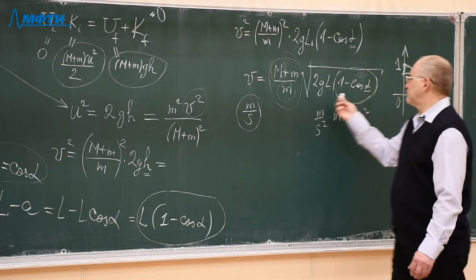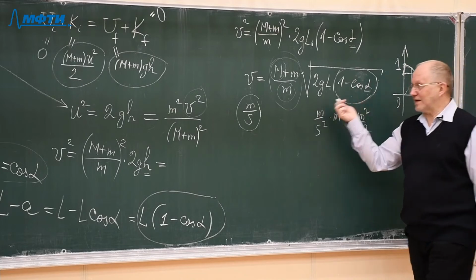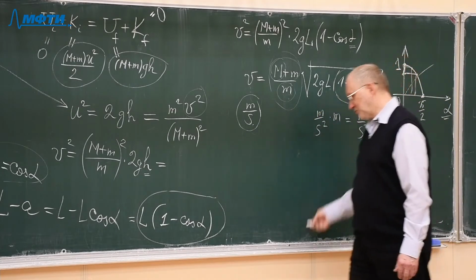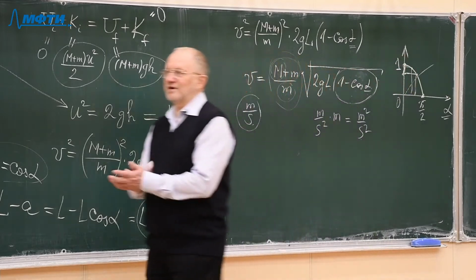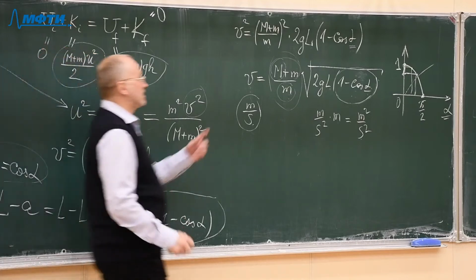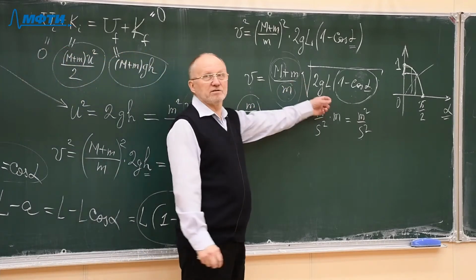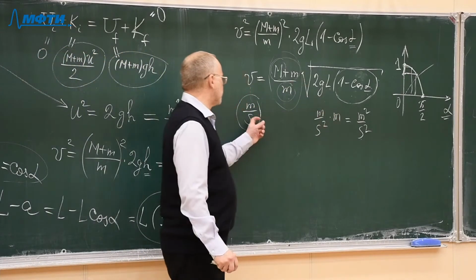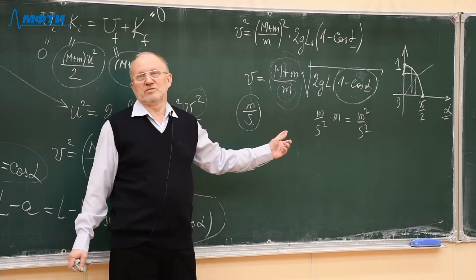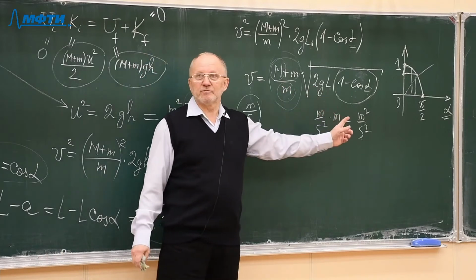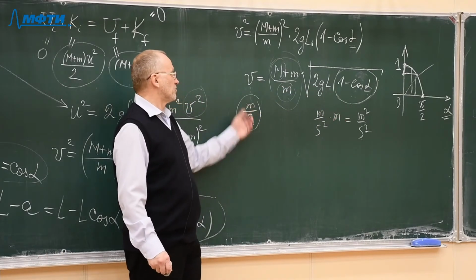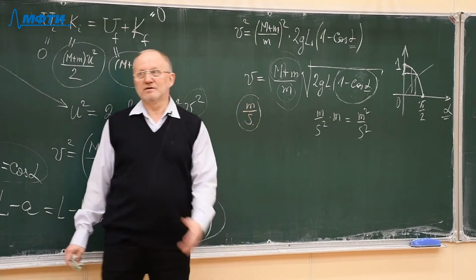So the formula produces correct units of measurement. If we check the units of measurement, this is another way to find a possible mistake in the formula. If you make a mistake in your calculations, the units of measurement will be something different. It will not be a velocity, it will be something different.